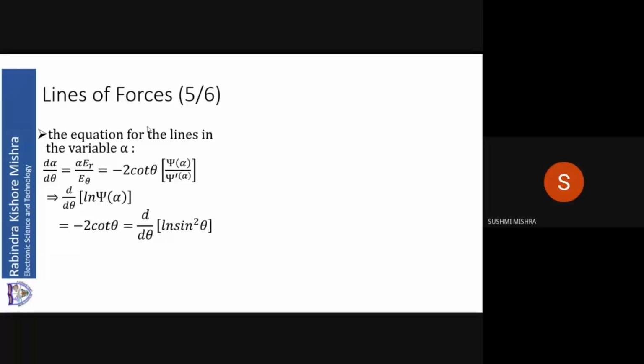Using mental calculation, we can always do this. d by d theta of log psi alpha is equal to minus 2 cot theta, which is d by d theta of log of sine square theta. Now from this we get d by d theta of log of psi alpha sine square theta is equal to 0. So that implies psi alpha sine square theta is a constant. Call that constant Q. Now what is that constant Q?